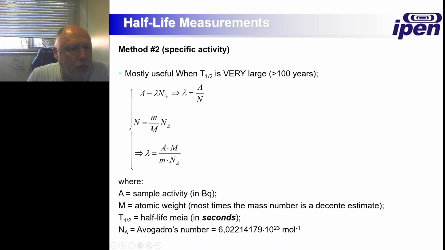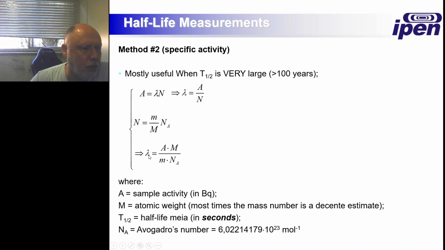Now, if we remember from chemistry, school chemistry, the definition of the molar mass, which is the mass of one mole, the number of particles in a given sample is given by the ratio of masses times Avogadro's number. This is just the definition of molar mass, so we can substitute n here by this, and we get this equation.